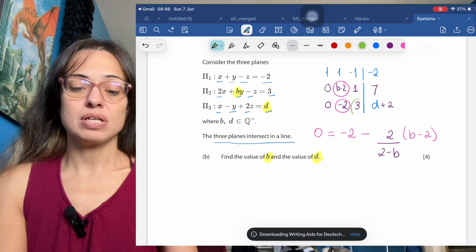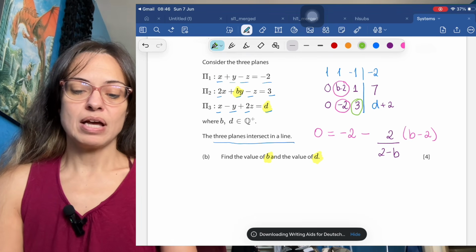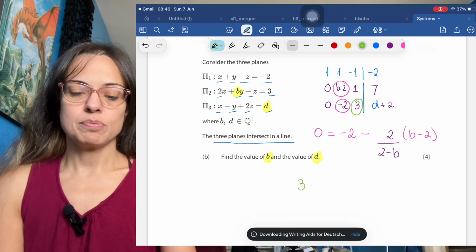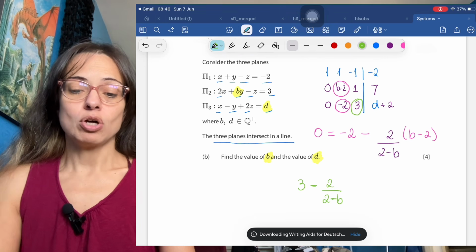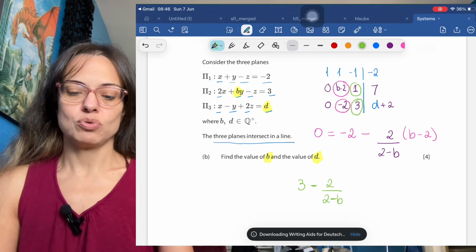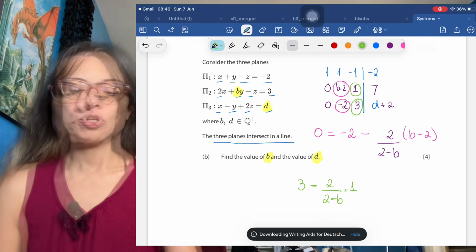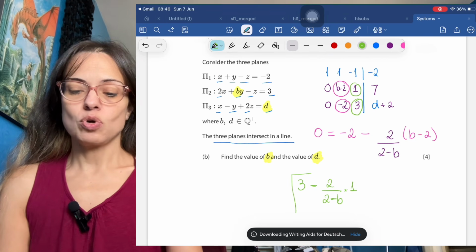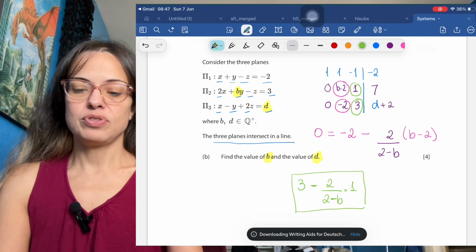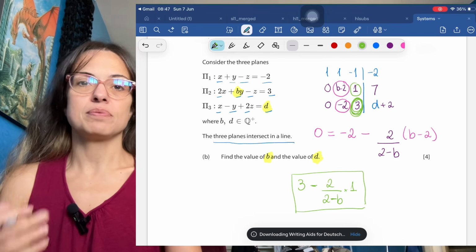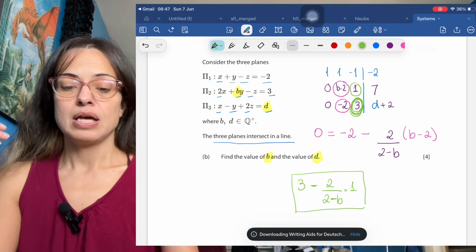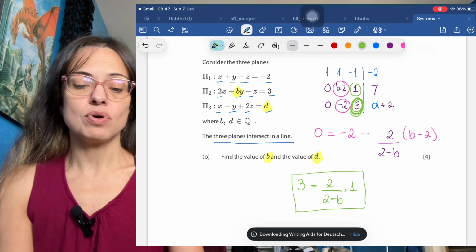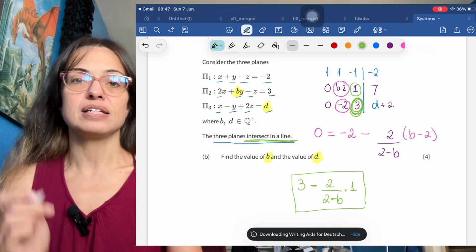But we have to do the same to the 3. So I have to take the 3 and subtract that same amount, but not of b minus 2, of this 1. So this is just times 1 here. So this is what's going to happen to this position here in the system after I do the subtraction. And the key here is that I want the three planes to intersect in a line.